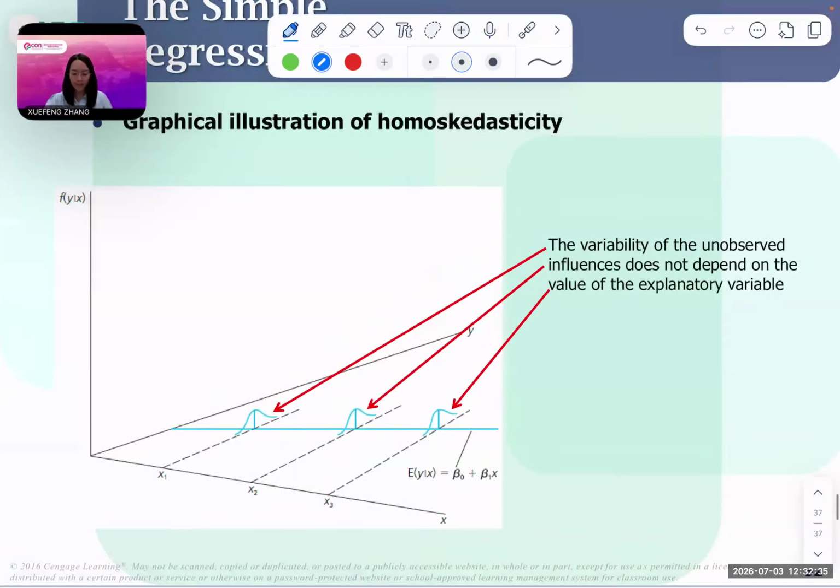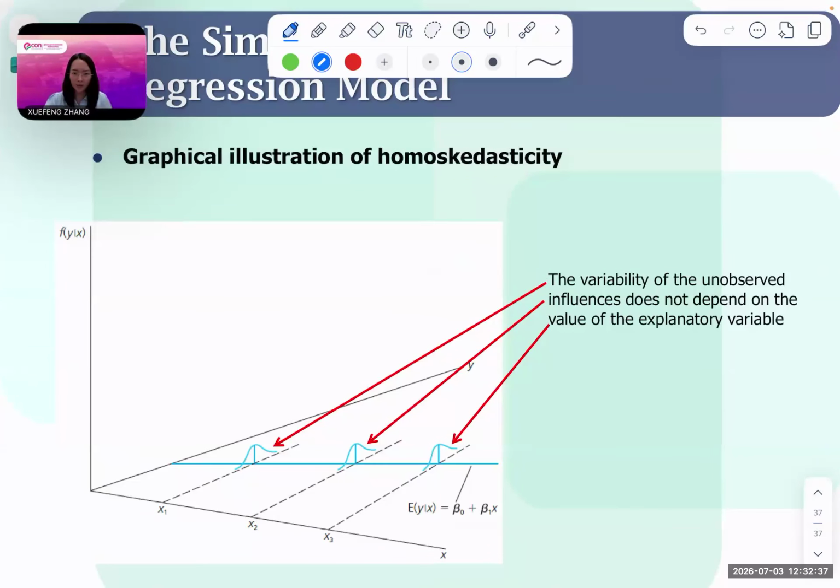Okay, let's take a look at the diagram. There are three curves at x1, x2, and x3. The variability of the unobserved influences does not depend on values of the explanatory variables.